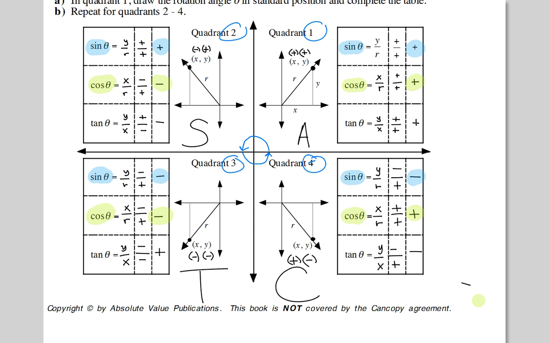And then the tangent, the weird one, because tangent is a ratio of y and x, whenever they're the same, it'll be positive. So if they're both negative or both positive, the tangent will be positive. So that's quadrants 1 and 3.